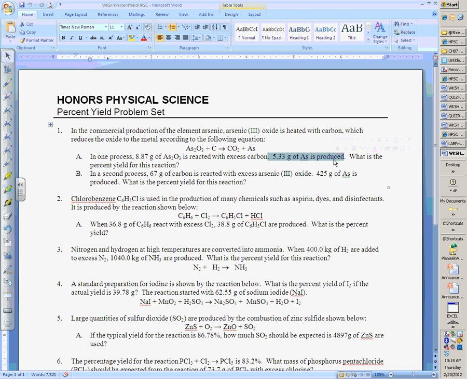The 8.87 is the one you're going to use to do the mass to mass. That's not the theoretical yield. That's how much of one of the reactants you started with. You're going to do a mass to mass stoichiometry problem to find out how much arsenic you should have made, and solve for the theoretical yield.